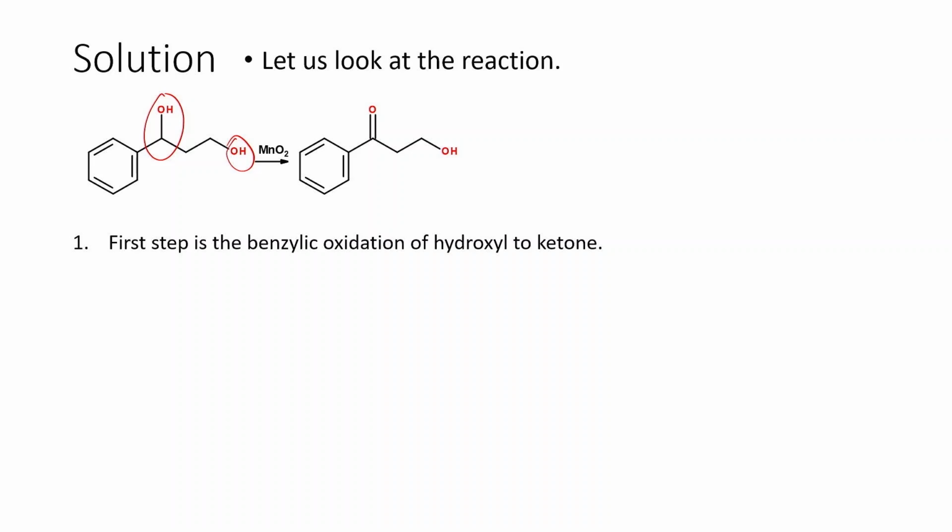We don't want that, because we want the primary alcohol to just undergo oxidation to an aldehyde, not a carboxylic acid. So we have to use the oxidation which is very specific for the benzylic or allylic alcohol. MnO2 is the only reagent that will carry out this reaction.